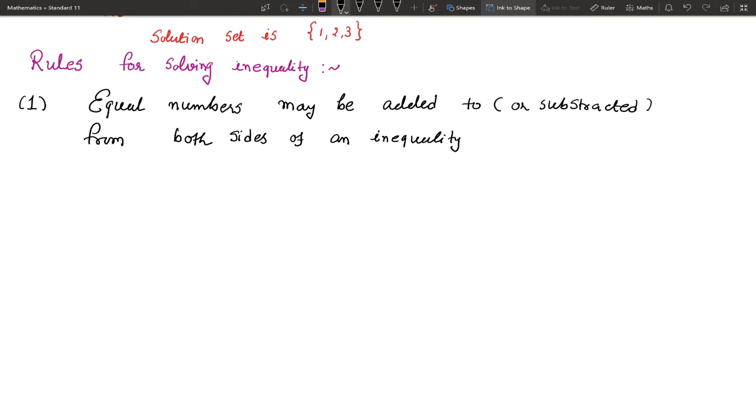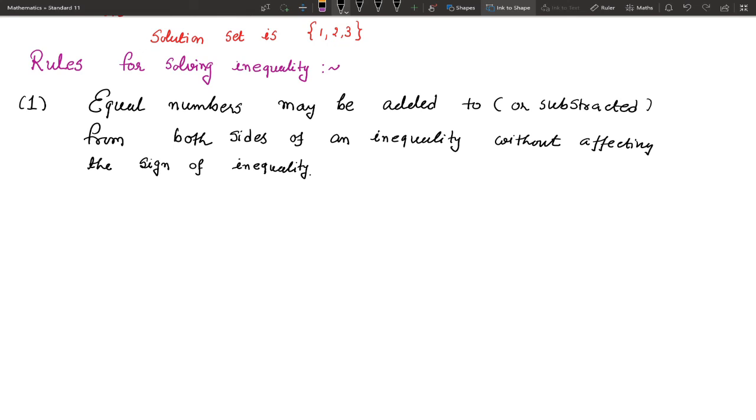Without affecting the sign of the inequality. So this is the first rule.